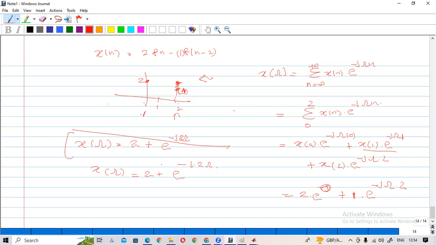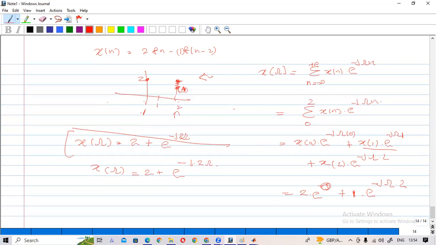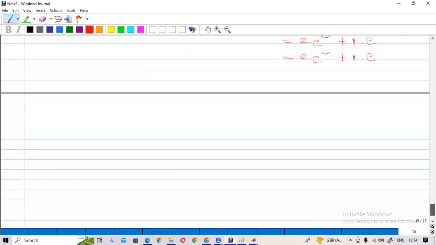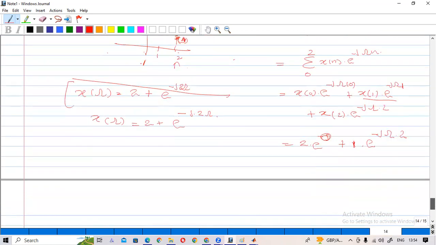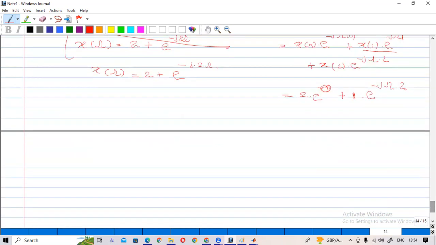Okay, so you are asked to draw the frequency spectrum. That is, you have to draw the magnitude of X(omega) with respect to omega.